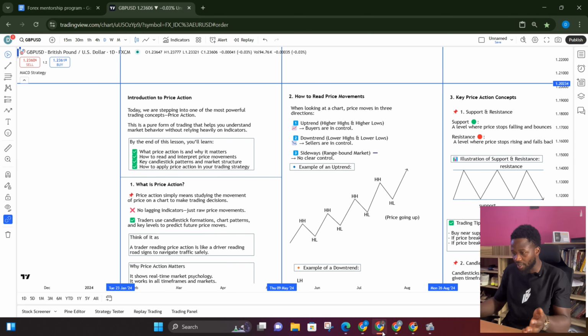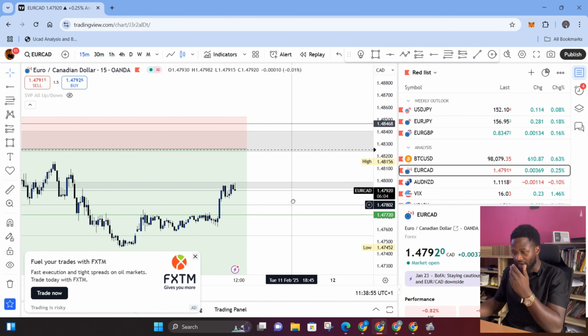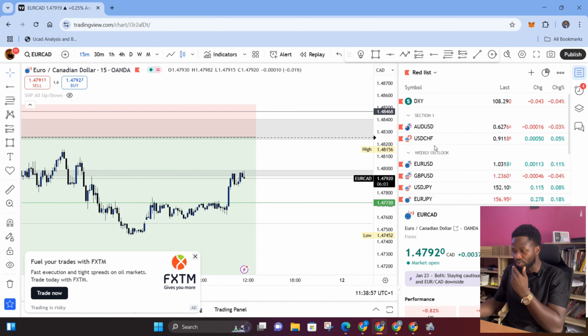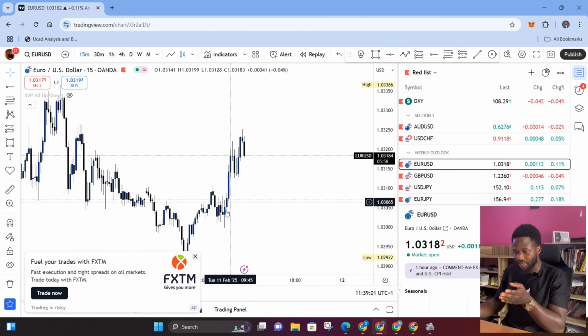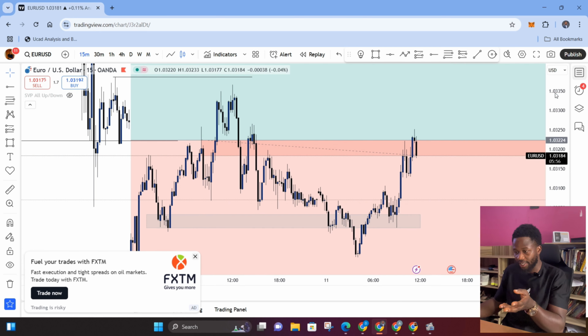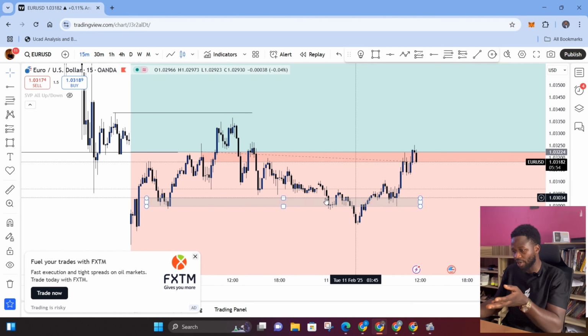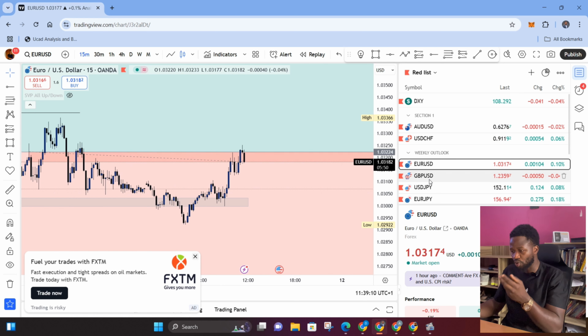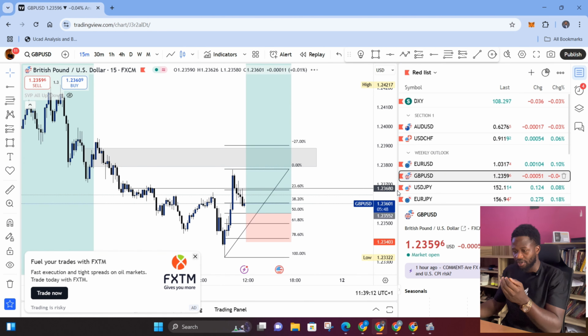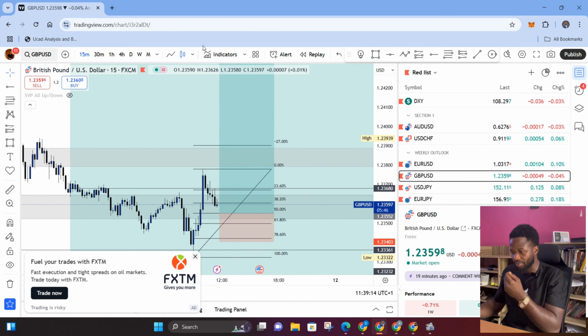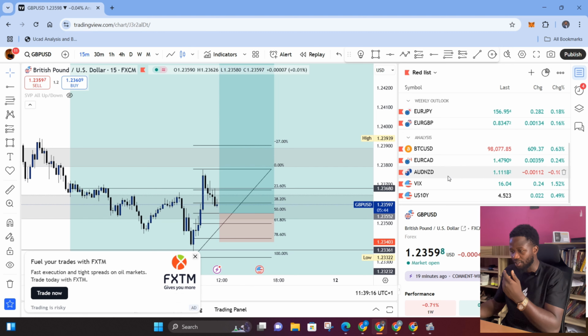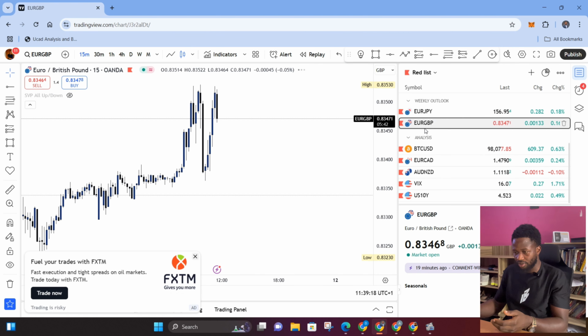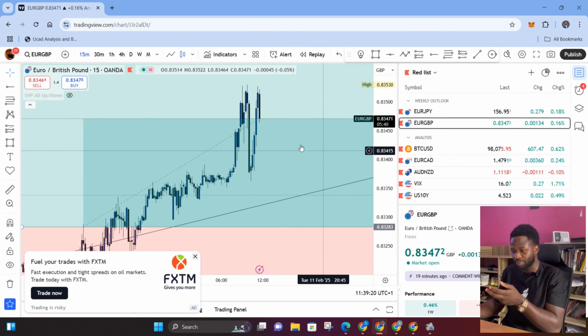Like currently today, I'm in some trade. I'm looking at some setup that I want to get into. This EU, I've been in drawdown since yesterday. I mean in the negative since yesterday because I entered too early, and we are about to enter into profit right now. I'm even looking to add more positions to what I have. I'm looking at this GU to give me entry. I've been eating off this Euro GBP.